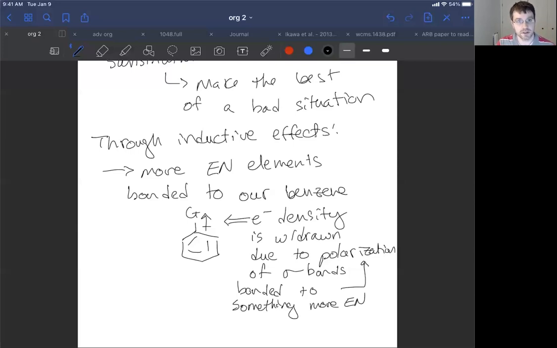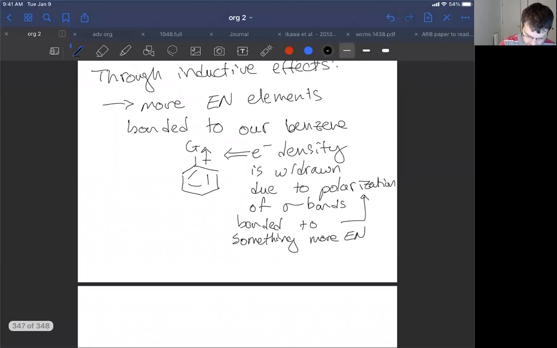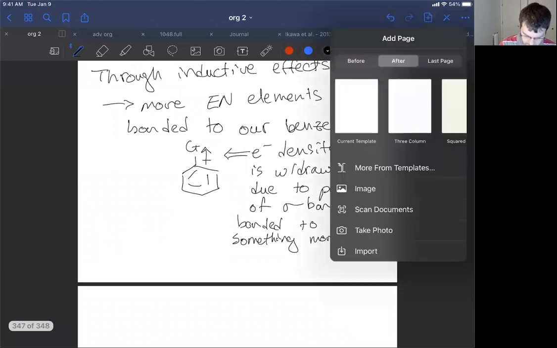What I want to do now is go into what this looks like by resonance. So excuse me, I need to make a new page. Sorry about that. So electron withdrawing groups by resonance take a different approach.